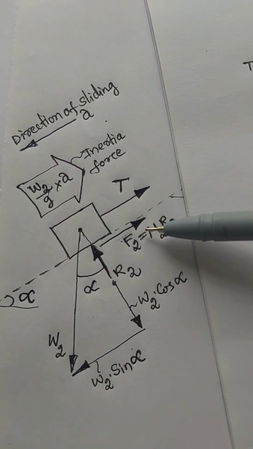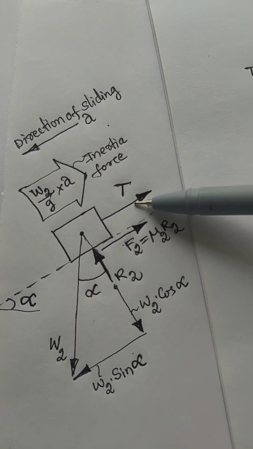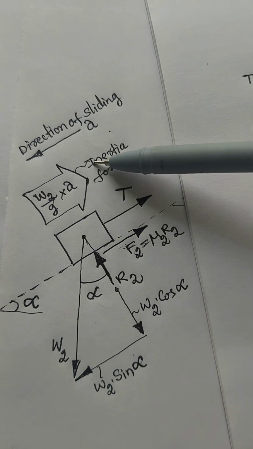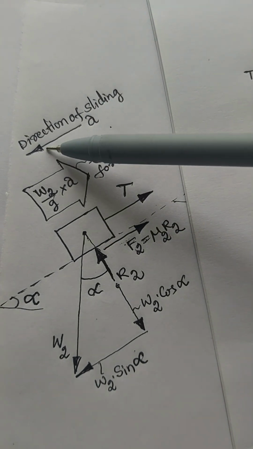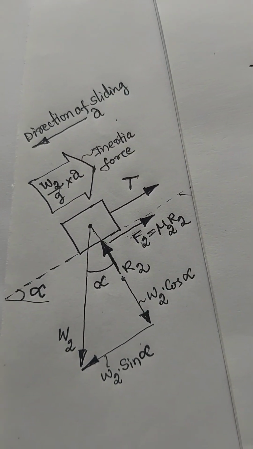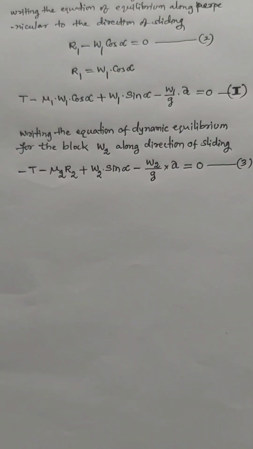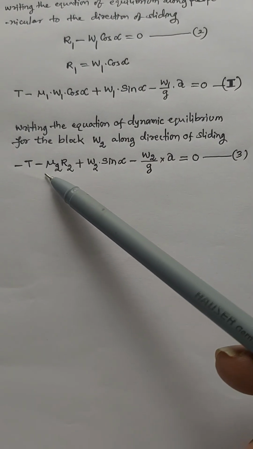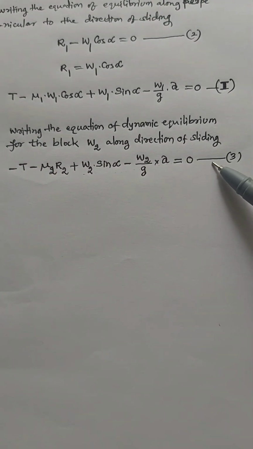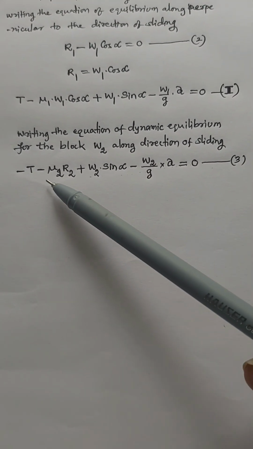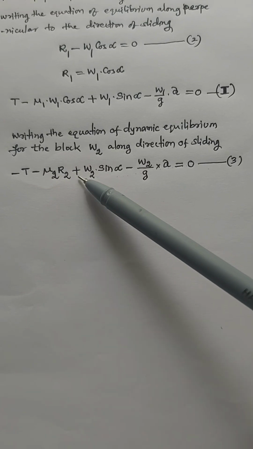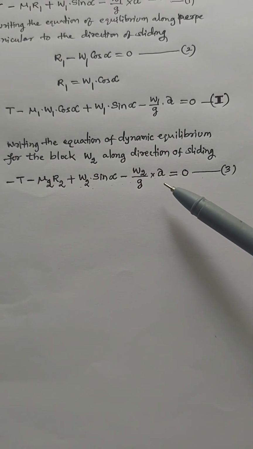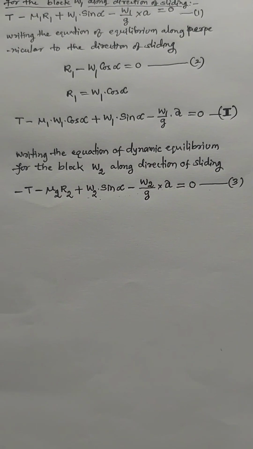Frictional force, tension force in the bar, and inertia force are negative; these three forces are opposite to the direction of sliding and acceleration. This is the equation of equilibrium along the direction of sliding for block W2: minus T minus mu2 R2 plus W2 sin alpha minus W2 by G into A equals 0.